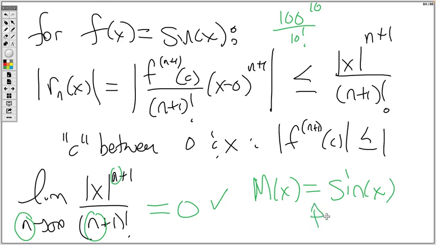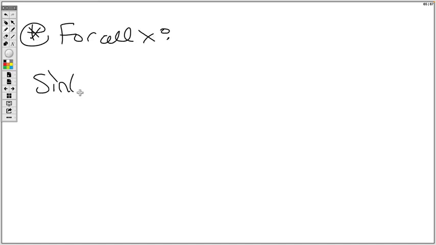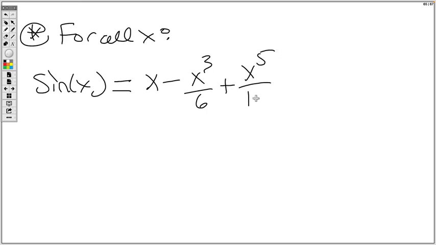So this is the kind of argument you have to go through to actually put in equals between your function and your Taylor series. So what we've done right now is we've actually shown that for all x, sine of x actually equals x minus x cubed over 6 plus x to the 5th over 120 minus x to the 7th over 5040 plus minus dot dot dot.